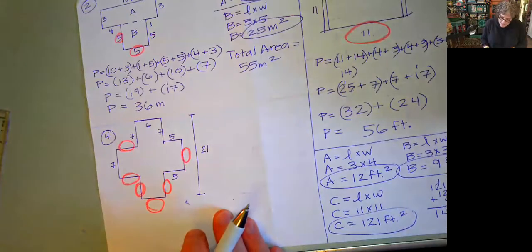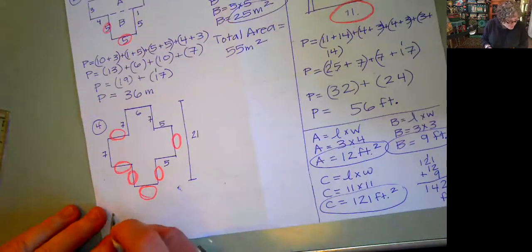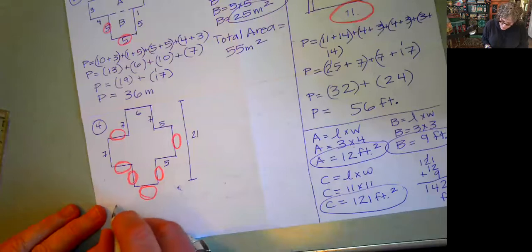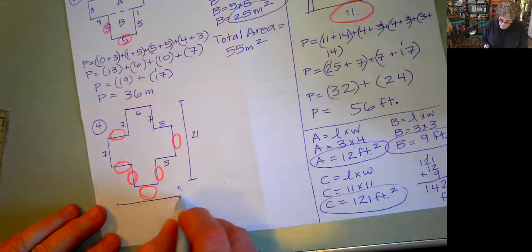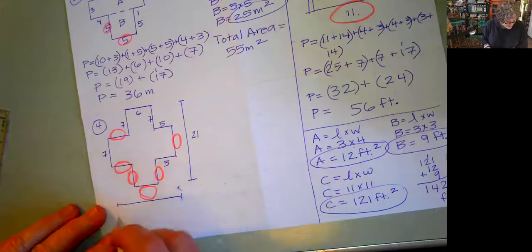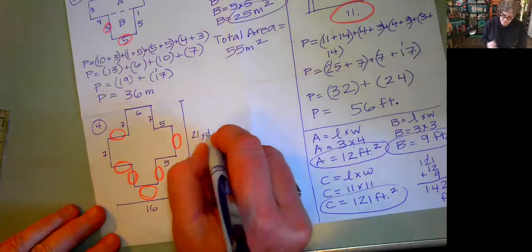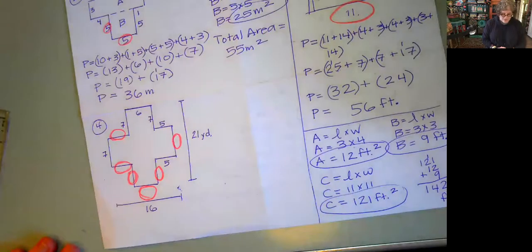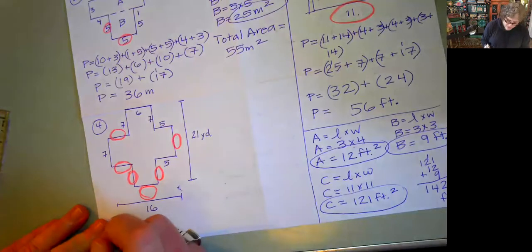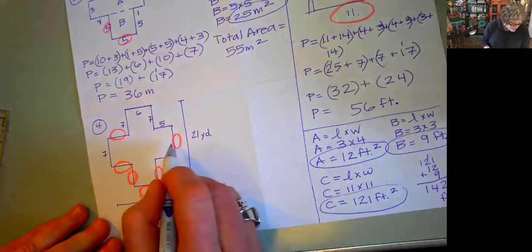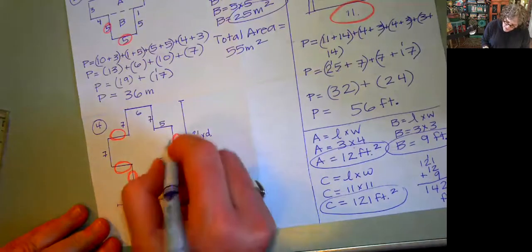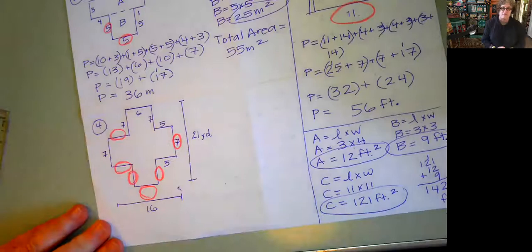Woo! And I also know that this whole thing down here, from this end of the cross to this end of the cross, is 16. And these are yards. Okay, so that's all I know. If I know that this one across here is 7 and they line up at the same place, I know that one's 7, right?